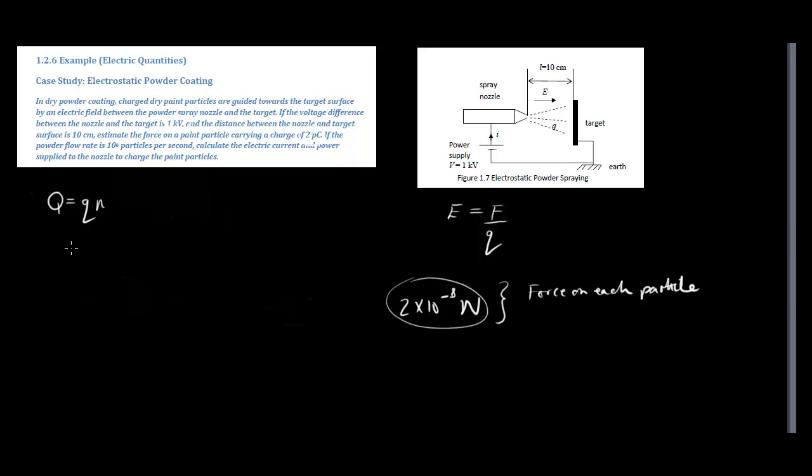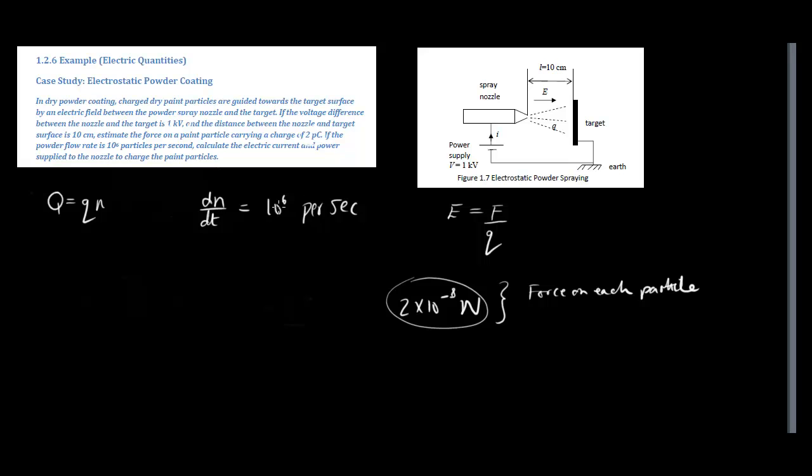The rate of particles sprayed every second will be dn/dt, which seems to make sense. n is our number of particles, t is time, and we're given this as 10 to the 6 per second. So we have this many particles going past a particular point per second.